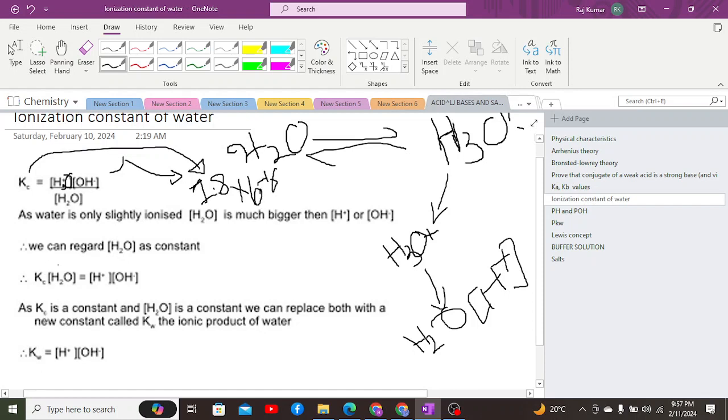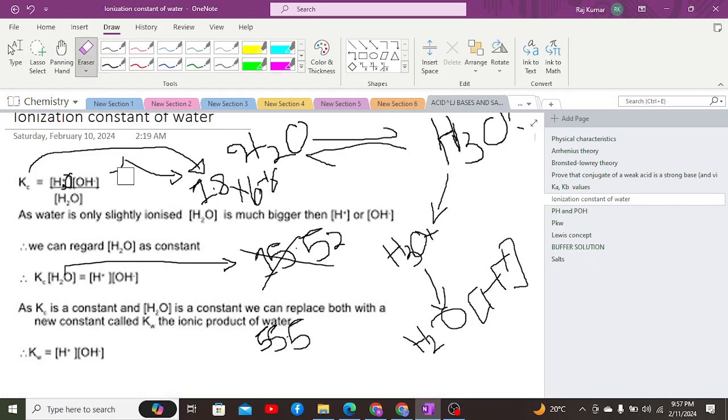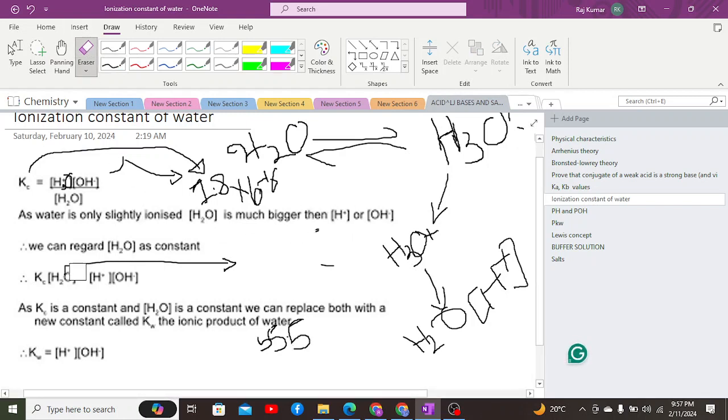Whereas the amount of water present in 1 decimeter cube is, according to calculation, 55.5 moles. So when we multiply Kc and H2O, which means 55.5 into 1.8 into 10 to the power minus 16, we get a constant value.